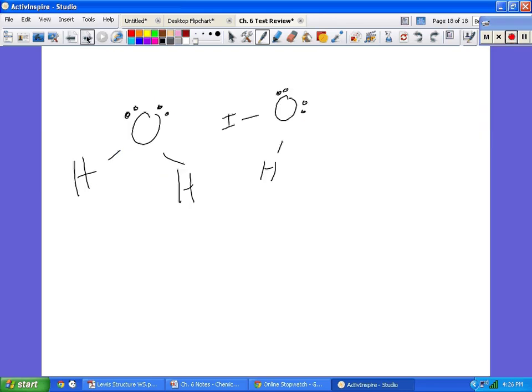In this case, oxygen. Where are the unshared pairs on oxygen? There and there, right? Those are the unshared pairs. So the attraction comes from the hydrogen and those unshared pairs. So it is going to be right there. That is the hydrogen bond. It's between the unshared pair of the oxygen and the hydrogen.